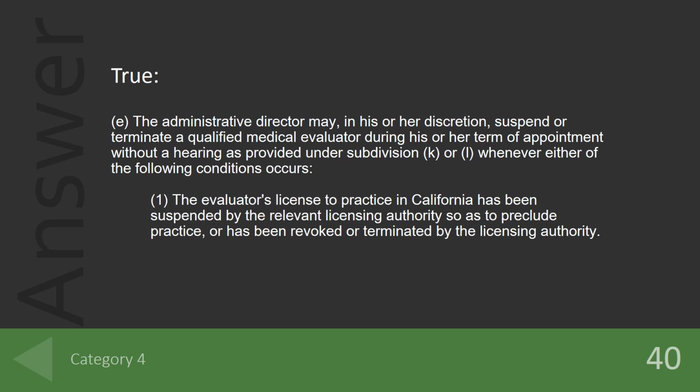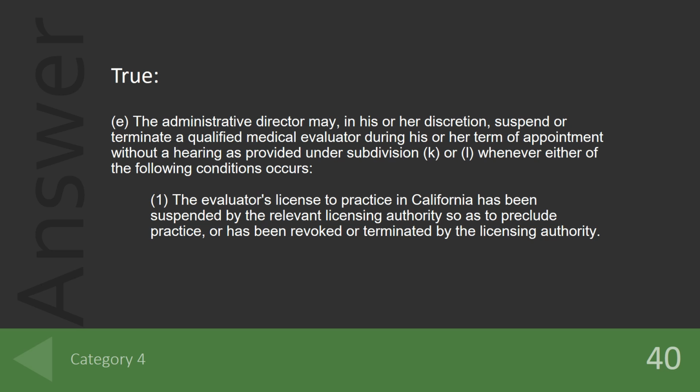So a suspension, a revocation, or a termination by, in my case, the Board of Chiropractic Examiners is sufficient for the administrative director of the Division of Workers' Compensation to tell me that, hey, I cannot practice as a qualified medical evaluator.